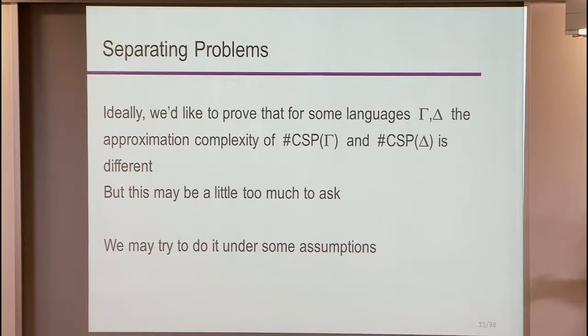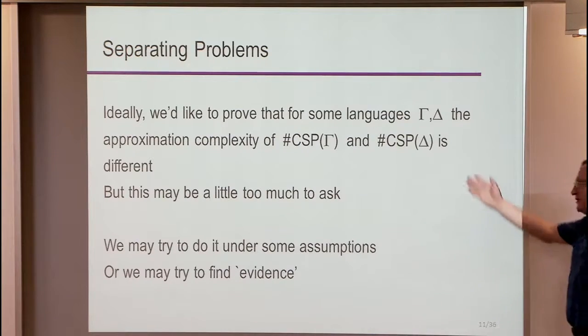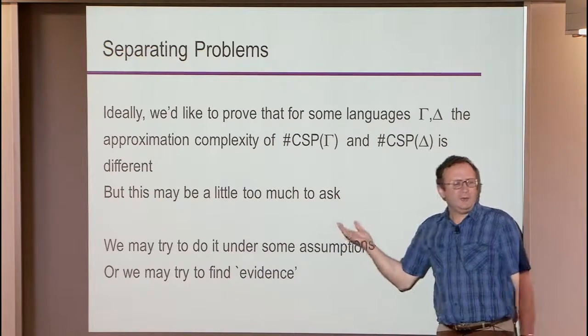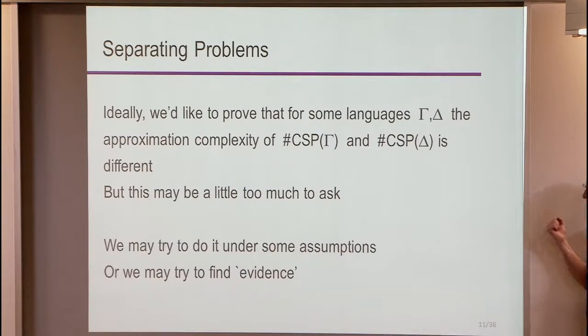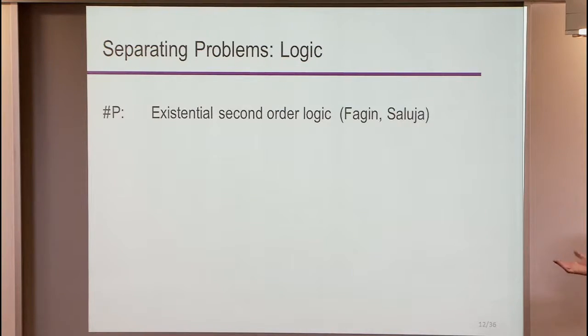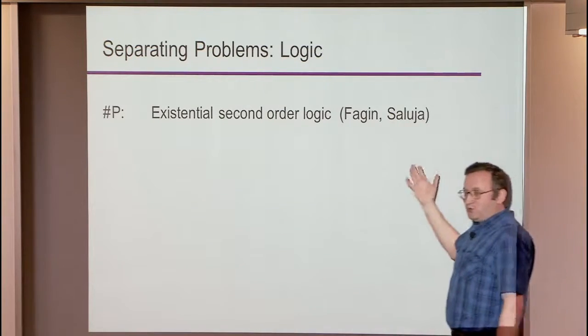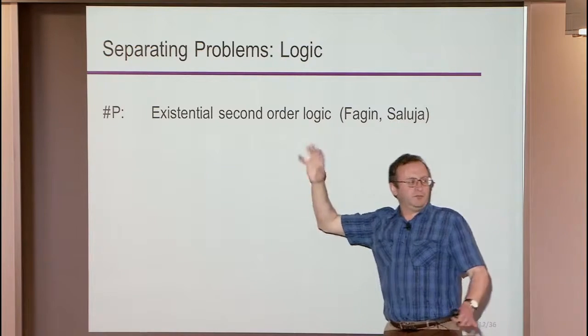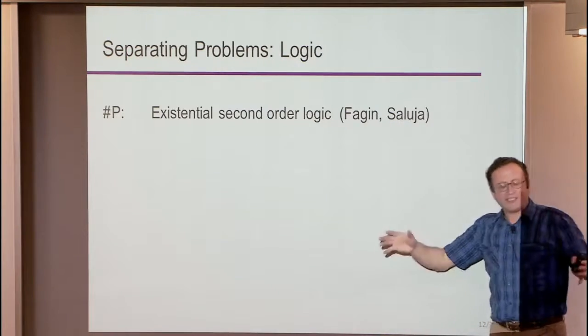Well, okay, weakening the goal even further, we may look for some kind of evidence that things are different. Well, what can be evidence? Say, one source of such evidence is, of course, logic. Descriptive complexity does exactly that. And we know, for instance, that some good complexity classes can be described as expressible in some logic.